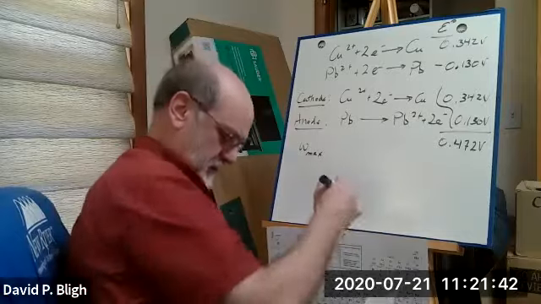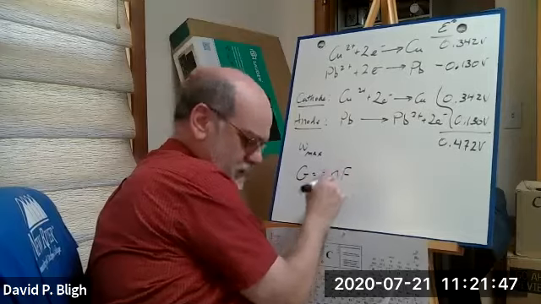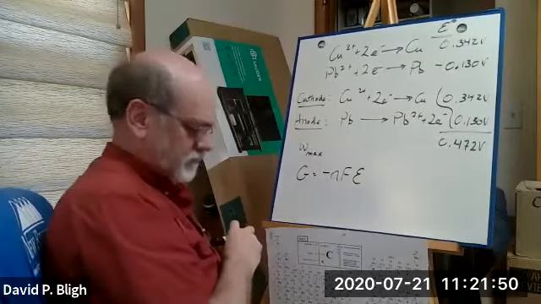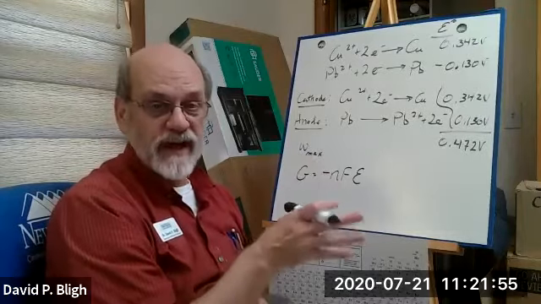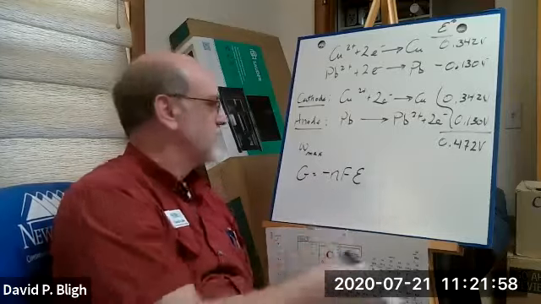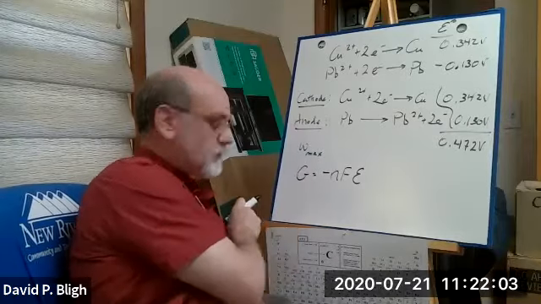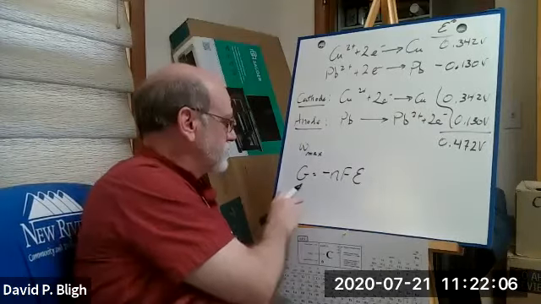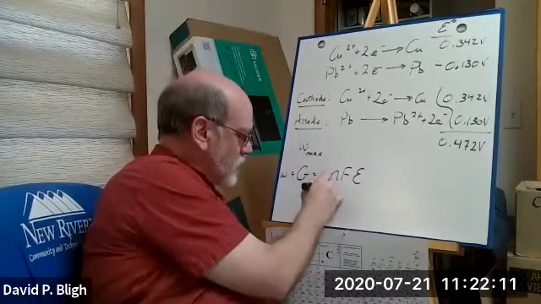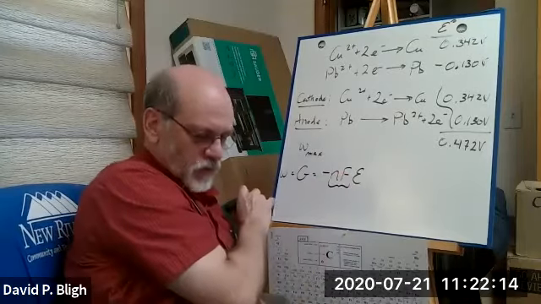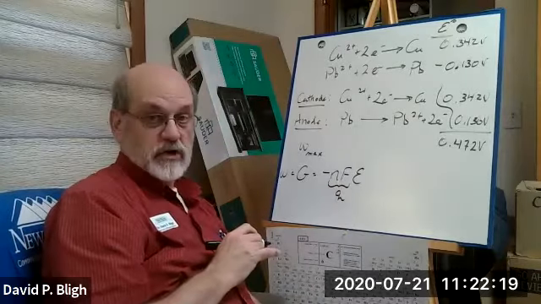We have this one: ΔG is equal to minus n Faraday's E. The maximum amount of work that can be obtained from a process is equal to delta G. So this is actually that, and this term is equal to Q, the charge.